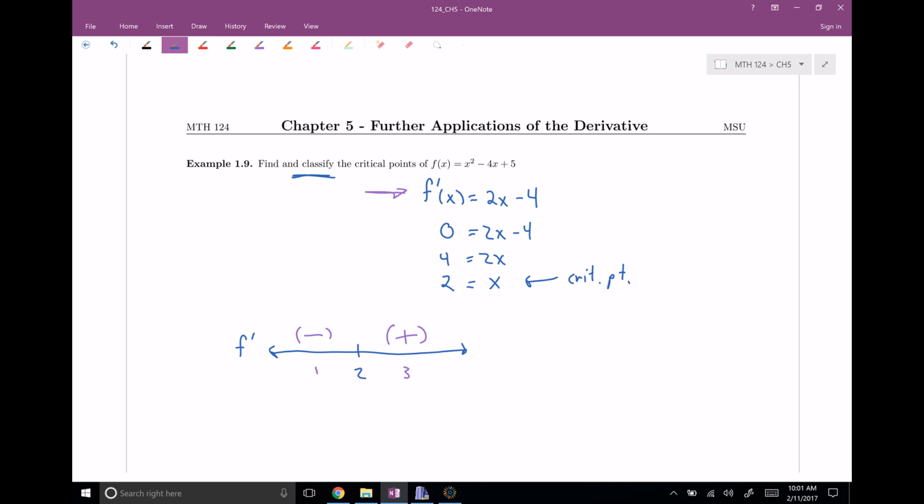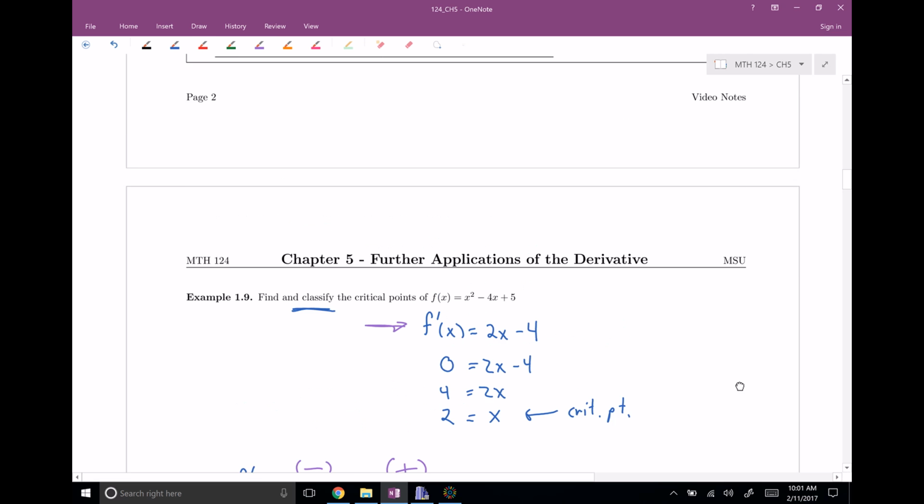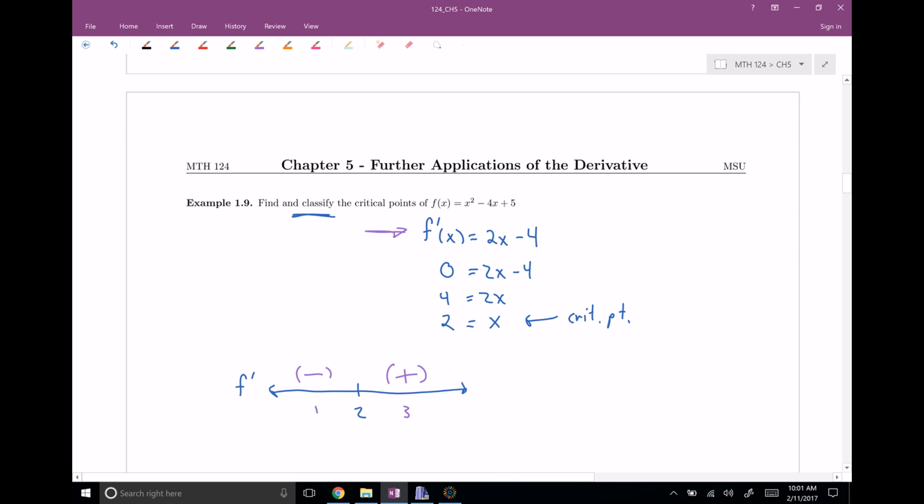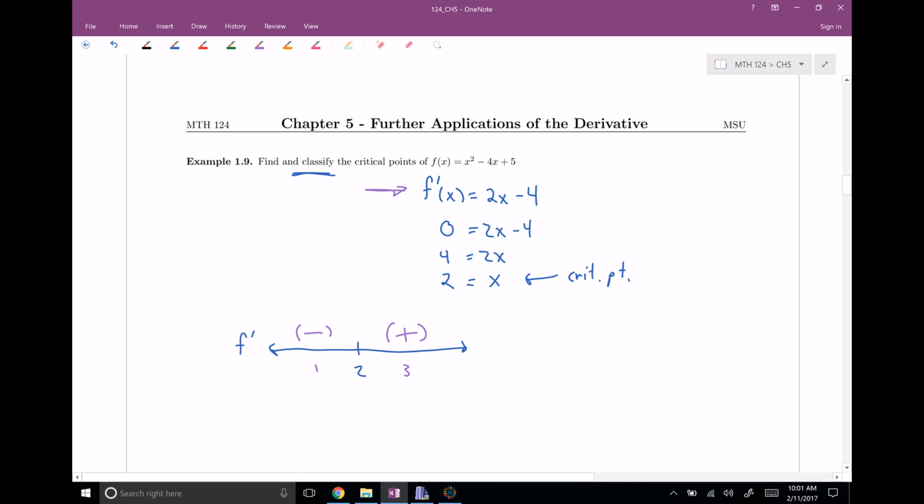And so now we go back to our theorem, which says, if you're negative to the left and positive to the right, in this case of 2, then f has a minimum. But I'd like to think about this logically really quick, because I don't want you to have to memorize, that's a lot of words. I just want to draw this out. A negative derivative means that it's decreasing, it has a negative slope.